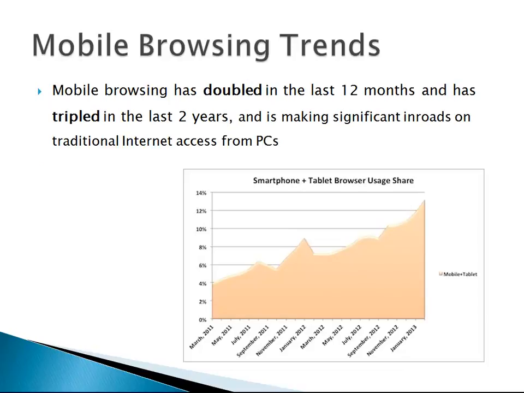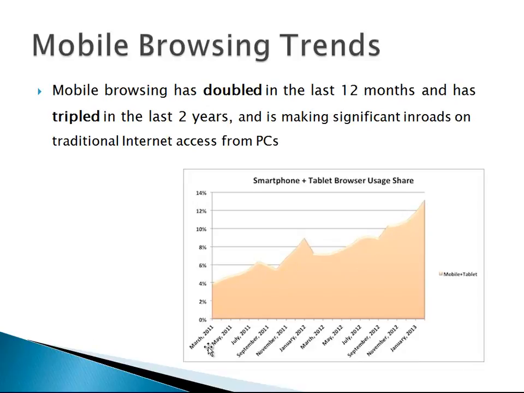Alright, so mobile browsing trends. Like I said, mobile browsing has doubled in the past 12 months and has tripled in the last 2 years. It's making significant inroads on traditional internet access from PCs. So you can see in this chart, which represents smartphones and tablets, it has gone up significantly.